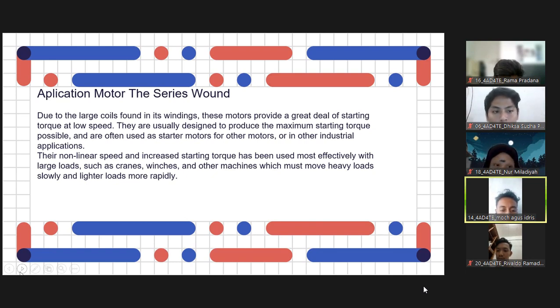Their nonlinear speed and increased starting torque have been used most effectively with large loads such as cranes with winches and other machines which must move heavy loads slowly and lighter loads more rapidly.